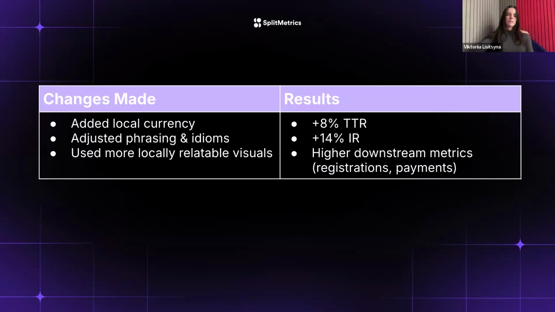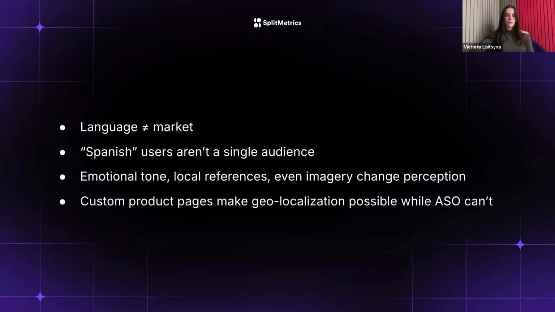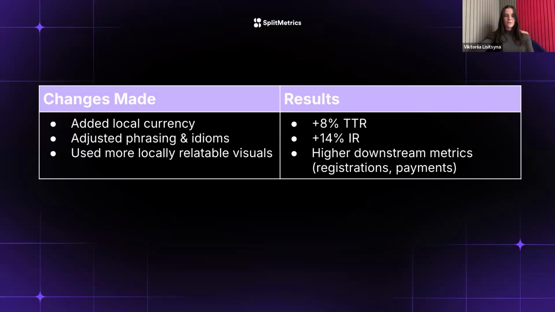It was the same layout, the same structure. We just added the local currency, a slightly different tone of communication in Spanish, and more local-looking people. The result was that the tap-through rate grew by 8% and the install rate grew by 14%.